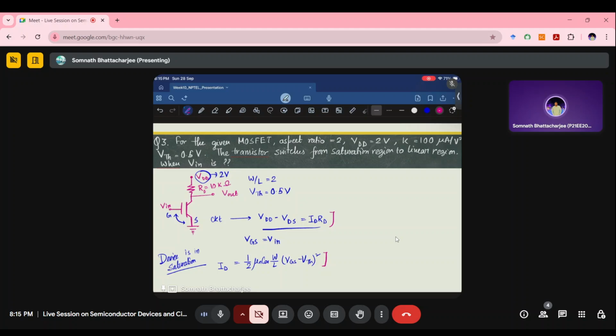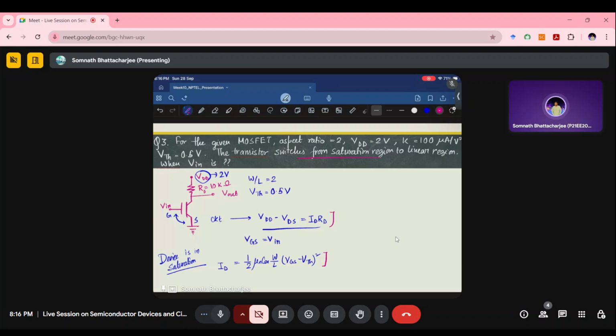VDS is unknown for you right now, but you can guess. What is the value of VDS? It can basically be maximum VGS minus V threshold. From the question we know that the transistor is switching from the saturation to the linear region.